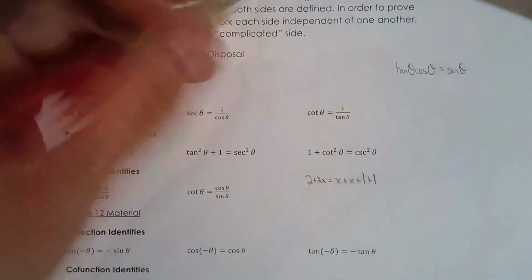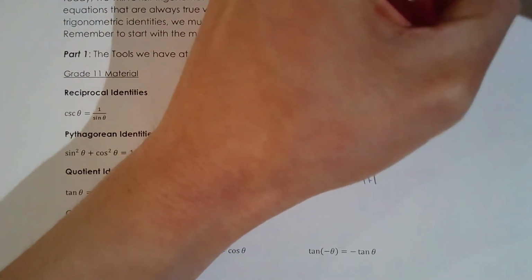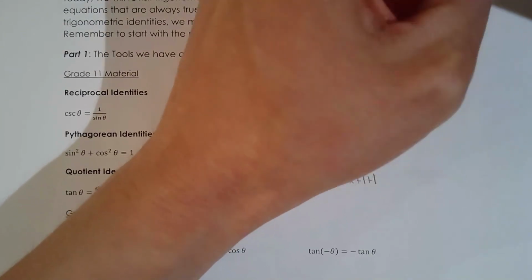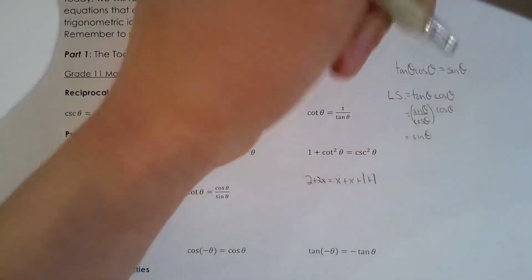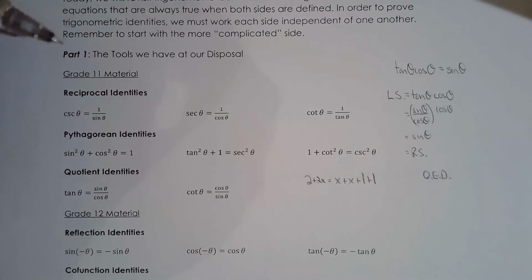Okay, so you would say left side is equal to tan theta cos theta, and then tan theta is sine theta over cos theta because of our quotient identity, and then it's sine theta, okay. So you have shown that tan theta times cos theta is equal to sine theta, and that means it's an identity. But be careful.